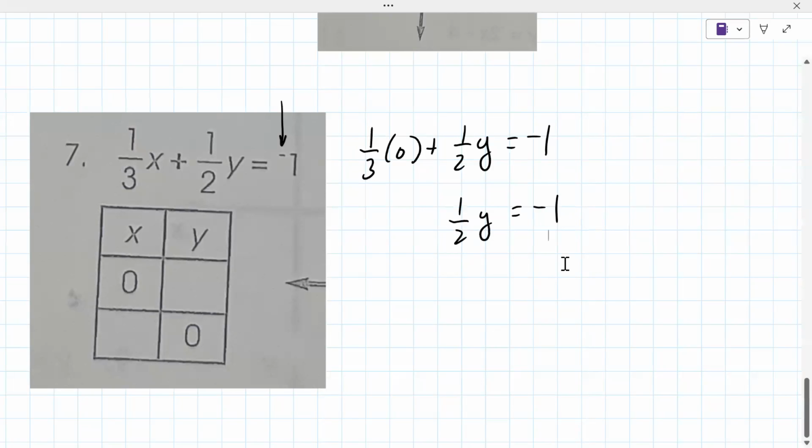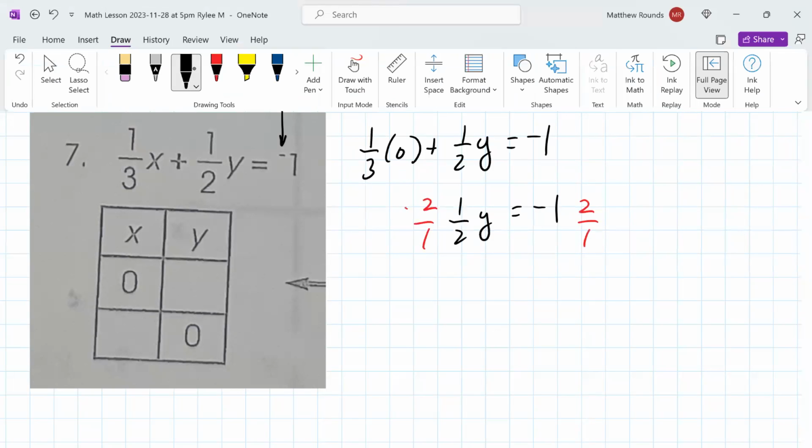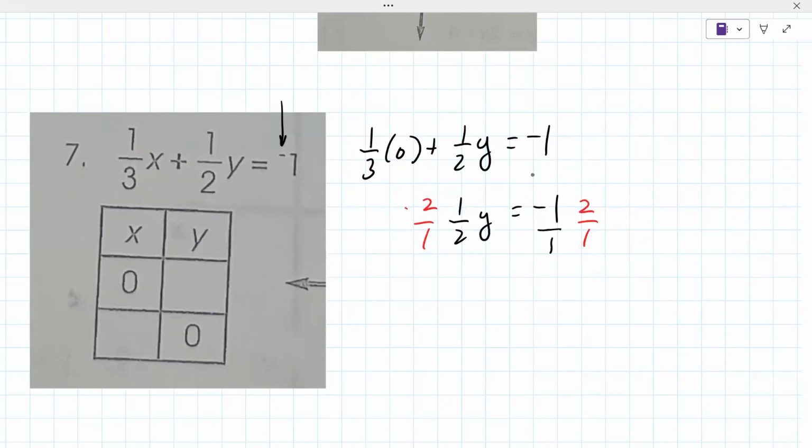How do we solve this? The reciprocal, right? Yes. All right, so 2 over 1, 2 over 1, you can change the -1 into -1 over 1.